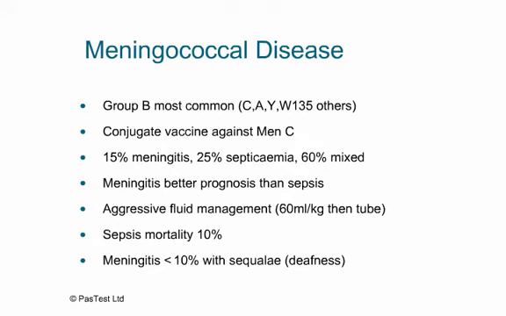There is the conjugate vaccine against meningococcal C, which is part of the routine vaccination schedule. And there is a quadrivalent polysaccharide vaccine against subtypes A, C, W and Y.